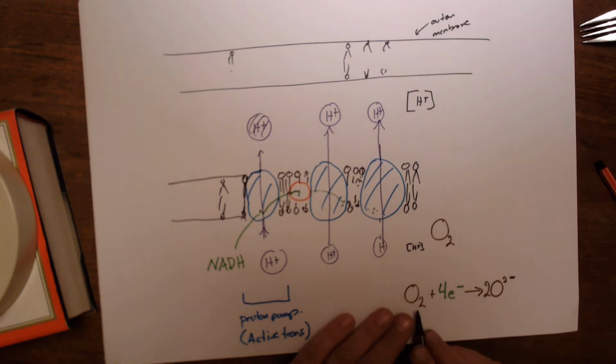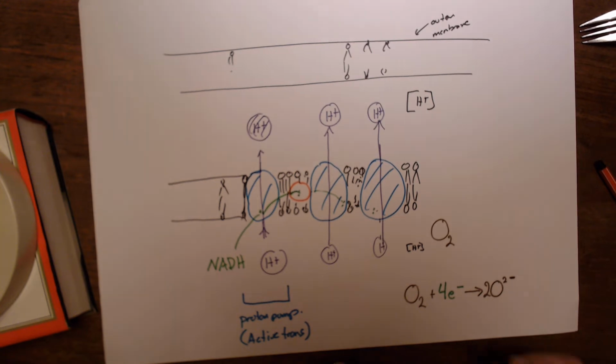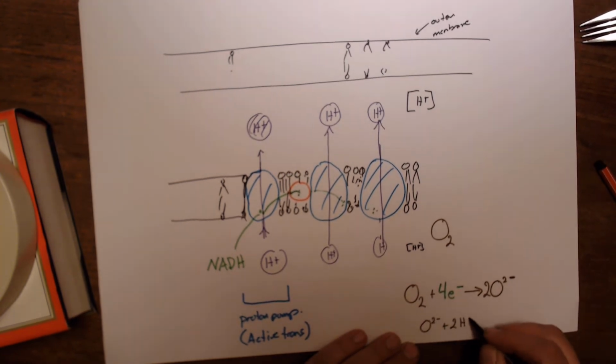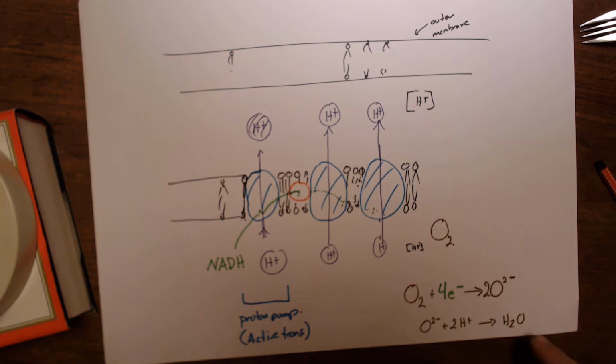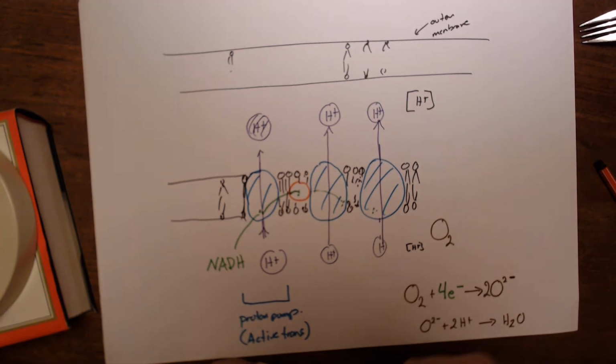So you are taking oxygen and you're making oxide ions. Those 2 oxide ions, in turn, react with 2 hydrogen plus to make water, which is the other product of respiration. You have oxygen, you breathe oxygen, you produce water, and you produce carbon dioxide. But the carbon dioxide comes from the citric acid cycle.